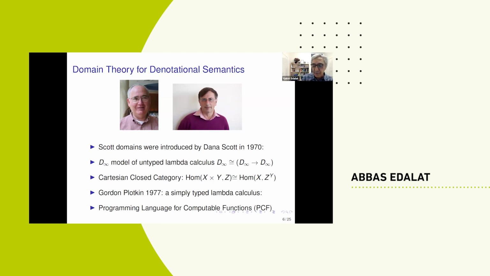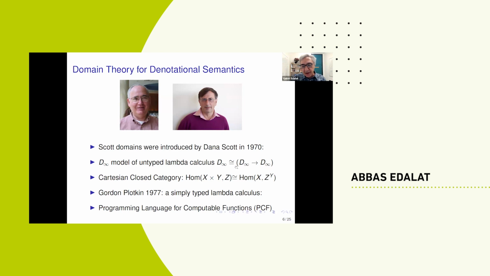So this is a partially ordered set, D-infinity, which is isomorphic to its own function space. It's a particular partial order. It's a Scott domain, which I will define in a minute. And it's got this key characteristic that it's isomorphic, homeomorphic, to its own function space.